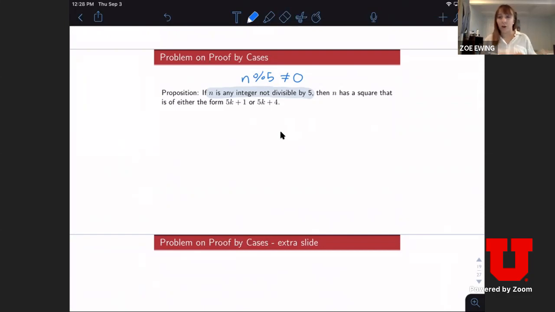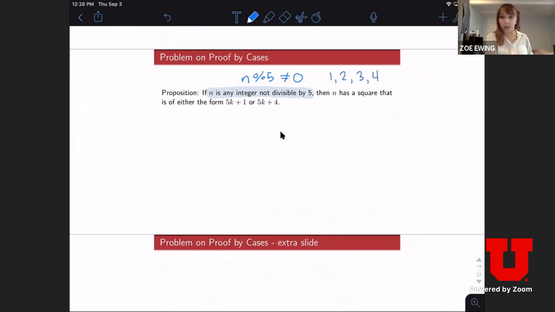Okay, so it's a little bit different because we're used to doing n is even, n is odd, and those are maybe things that we're more comfortable with. But for this one, if n mod 5 is not equal to 0, then it has to be either 1, 2, 3, or 4.